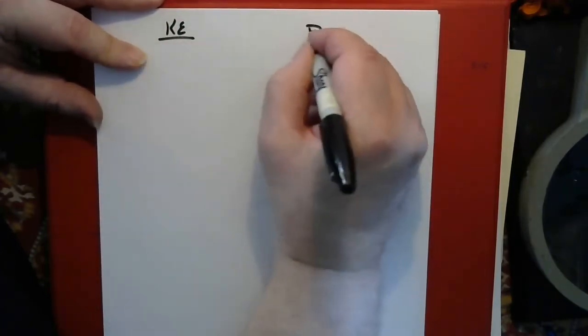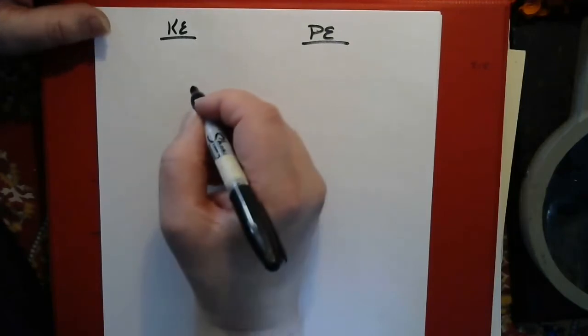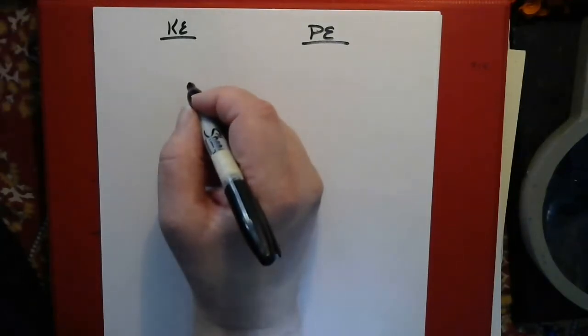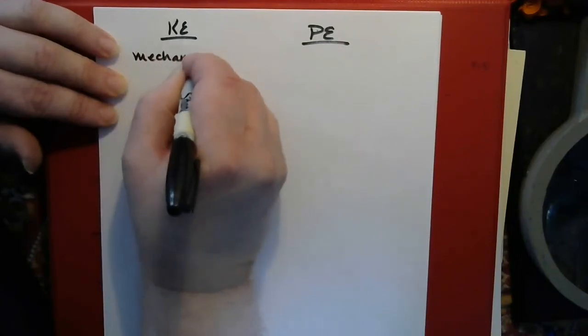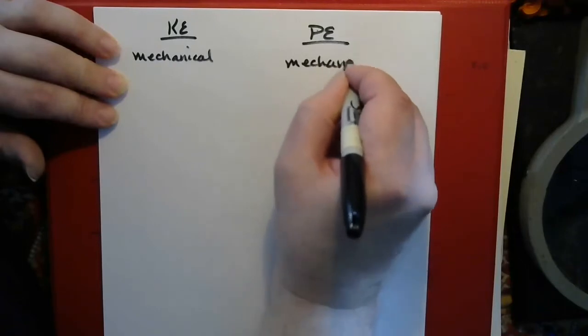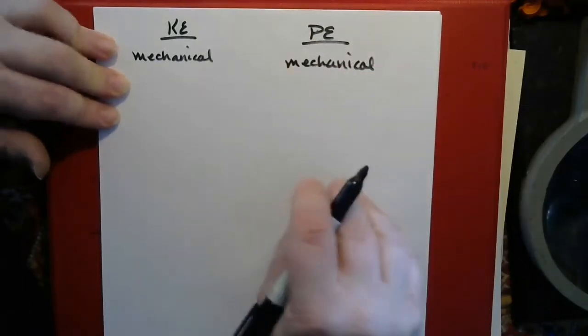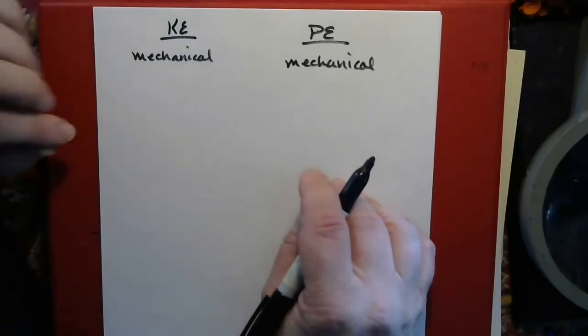Okay, so to look at those 6 forms of energy again, and this time just dividing them up according to which ones are kinetic energy and which ones are potential energy. We said before that mechanical can be either one, depending on the specific instance.